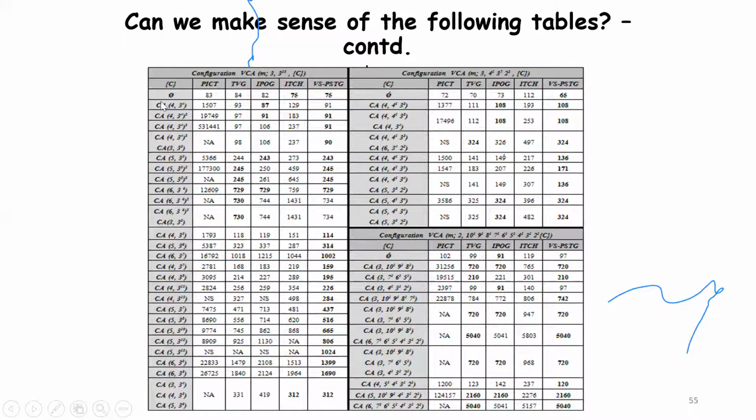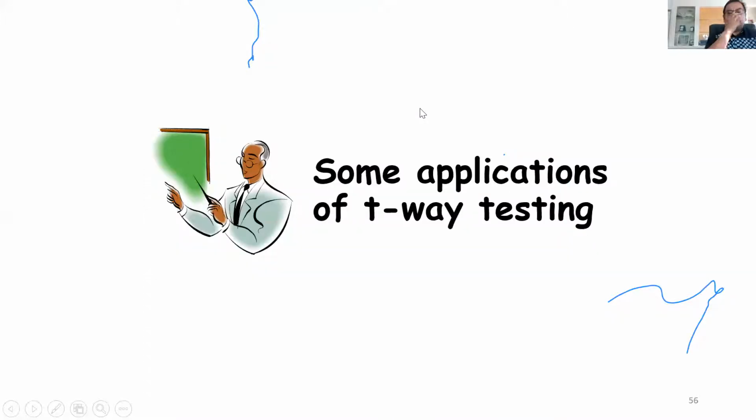And then this CA part of it, meaning this is 4 of its values having interaction of t equal to 4. In other words, whenever you have the main configuration, t has to be smaller than the inner configuration of t. So when you do this, there are different tools that we had, and there are different results that you can get. Okay, now let me share with you some applications of T-way testing.